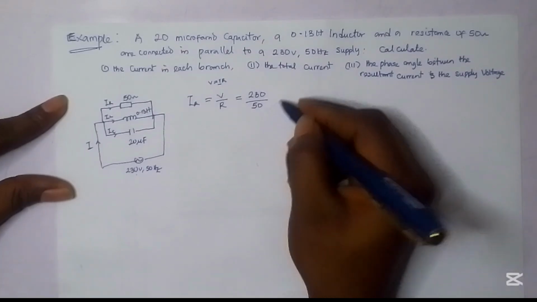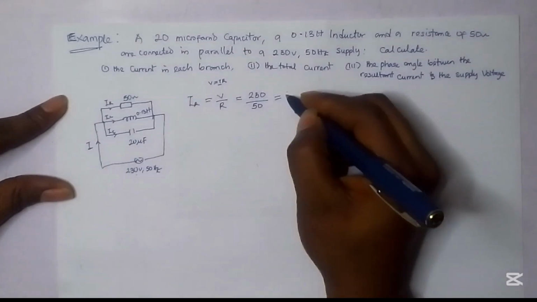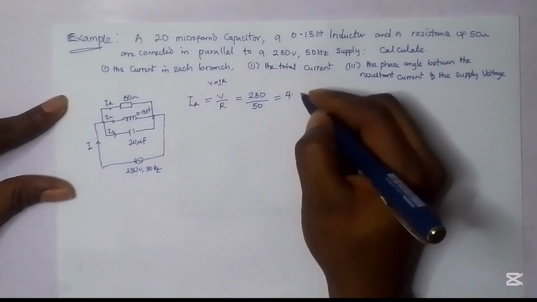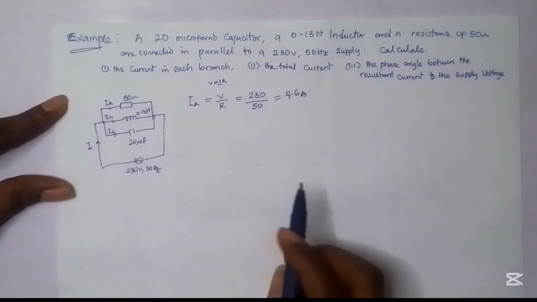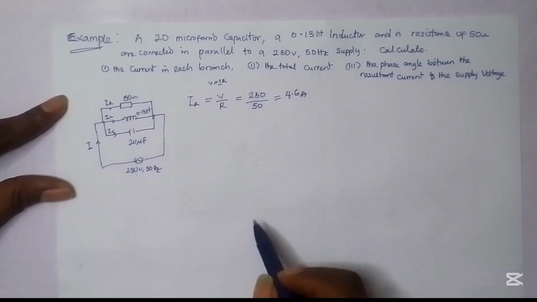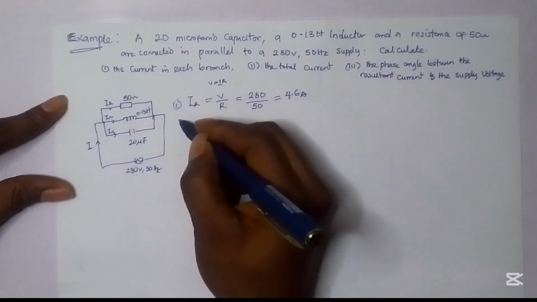If I punch that out in my calculator, it is 4.6 amps. That solves for the first current here.